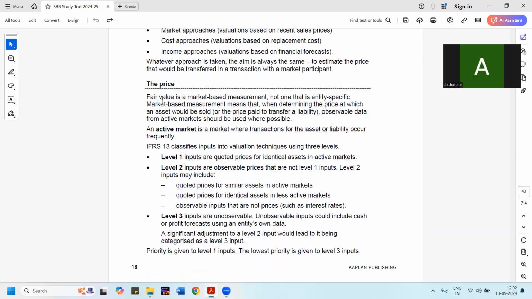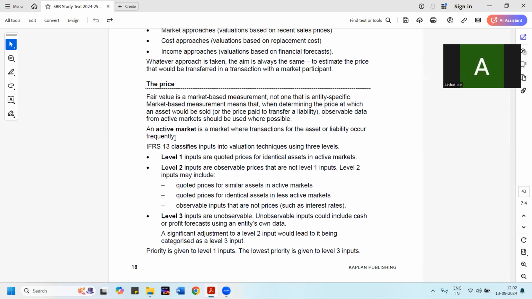In an active market, the price that would be offered for a particular asset is known as its fair value in market-based measurements. What is an active market? An active market is a place where the asset is ready to be purchased by buyers and the seller is ready to sell it.